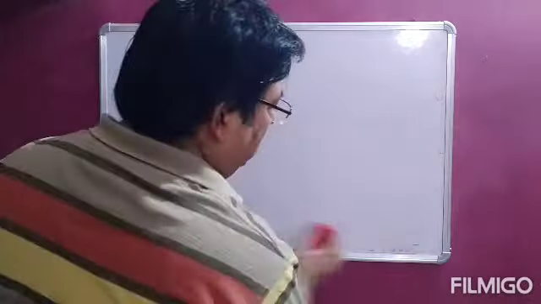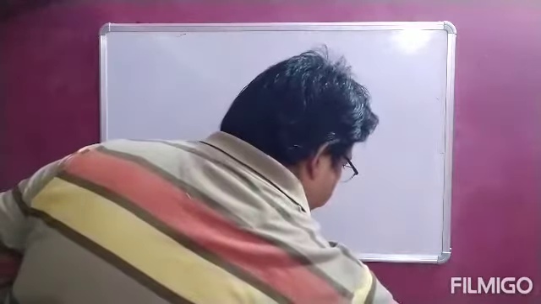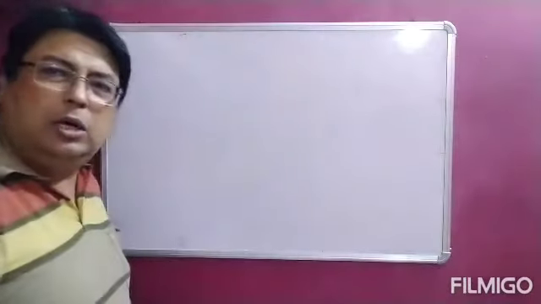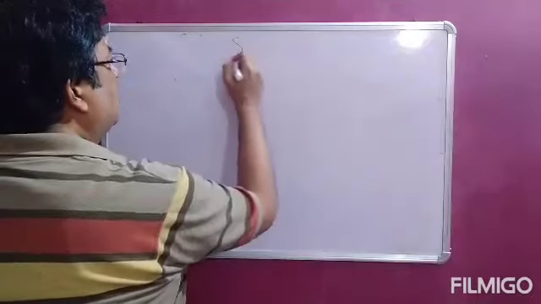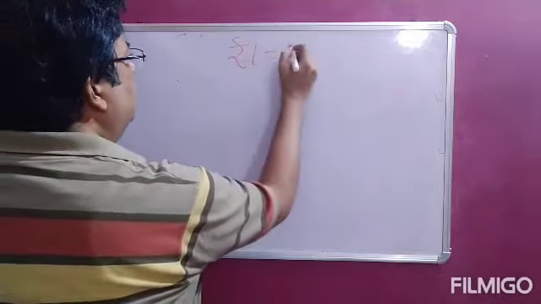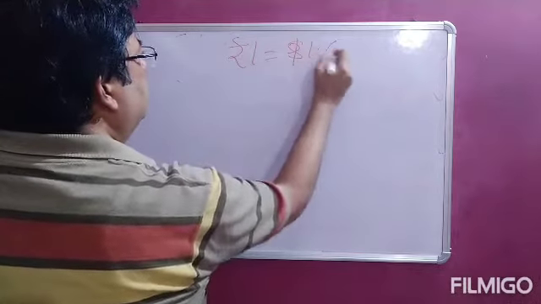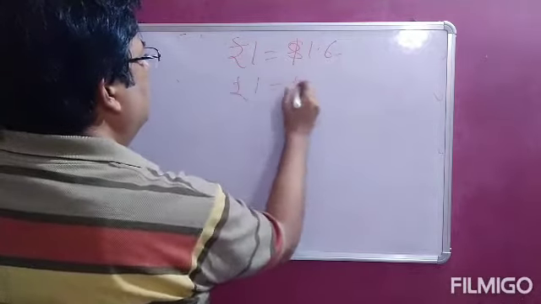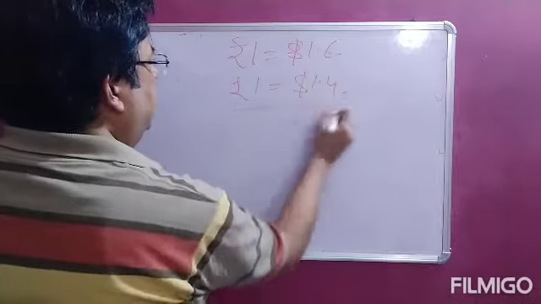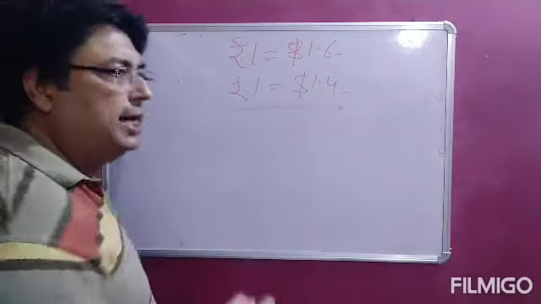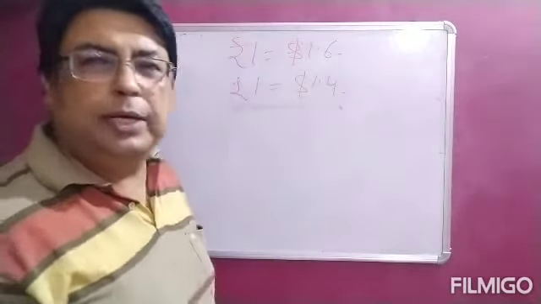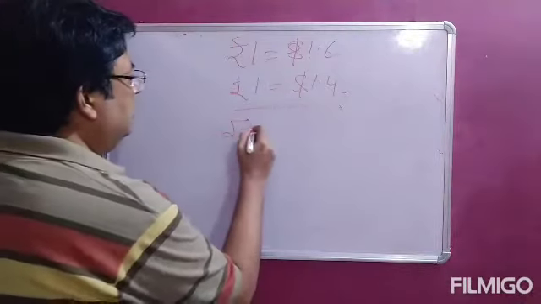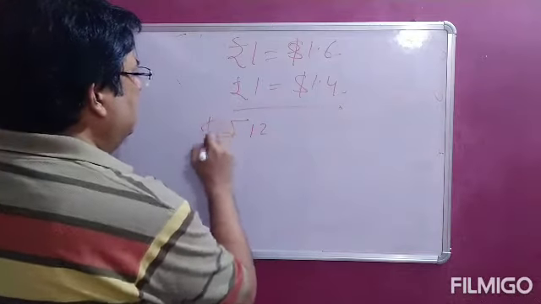Now the price of the imported item will increase because the pound has depreciated from 1.6 to 1.4. So 1 pound earlier was equal to $1.6. Now 1 pound is equal to $1.4, and we know that the price of the imported item was $512 per unit earlier.